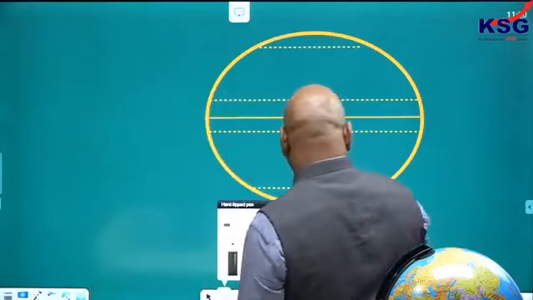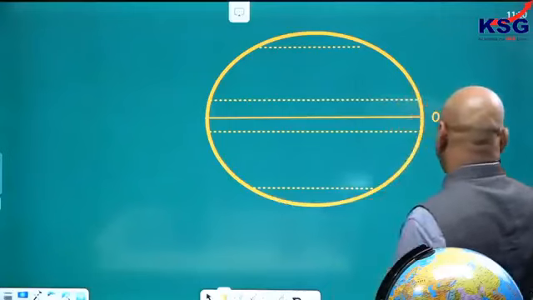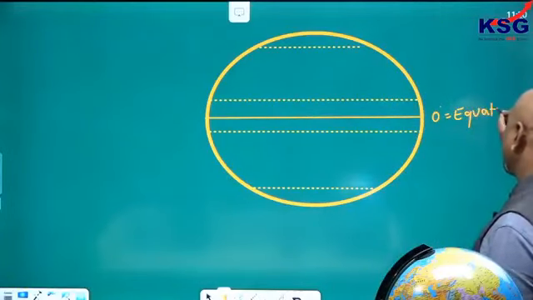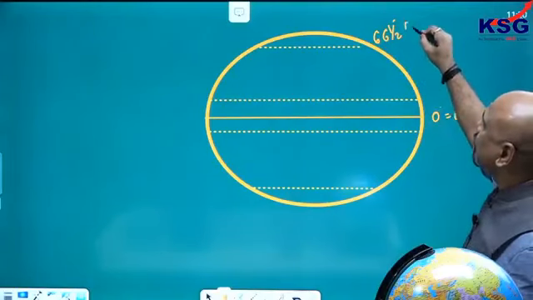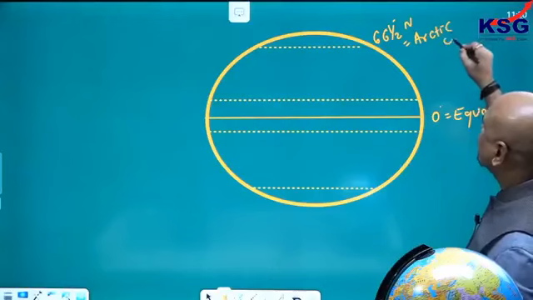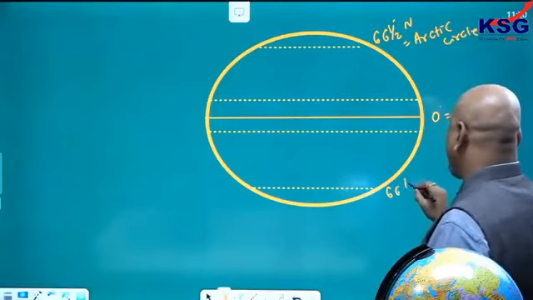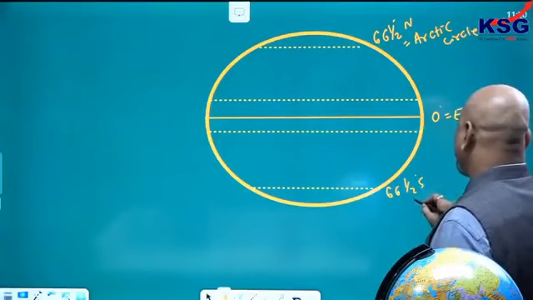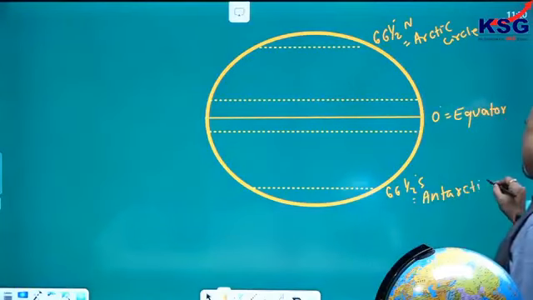I said if this is 0 degree, which equals the equator, here is 66.5 degree north, equal to the Arctic Circle, here is 66.5 degree south, equal to the Antarctic Circle.